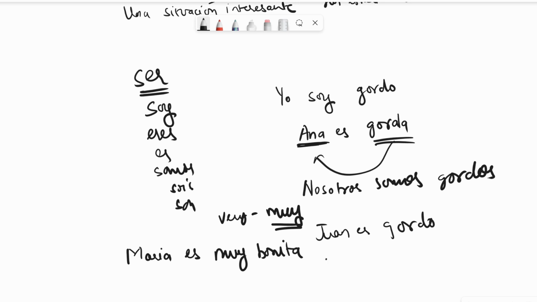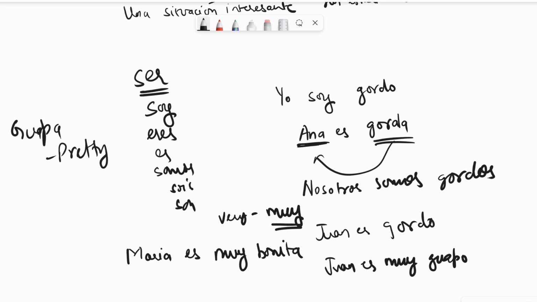If I wanted to say Juan is very handsome, Juan es muy guapo. By the way, the feminine form of guapo is guapa, which means pretty. So guapo is handsome, guapa is pretty. If I wanted to say my mom is very pretty, mi mamá es muy guapa.